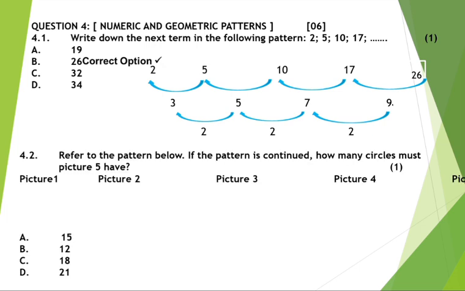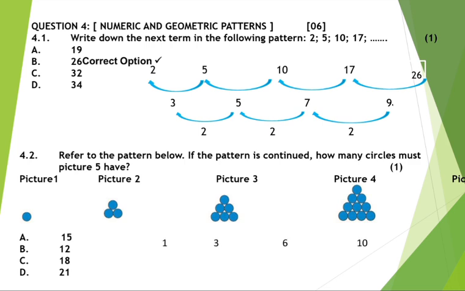Move on to the next one. We've got pictures, and this refers to the pattern drawn. If the pattern is continued, how many circles must picture 5 have? Picture 1 has 1, picture 2 has 3, picture 3 has 6, and picture 4 has 10.